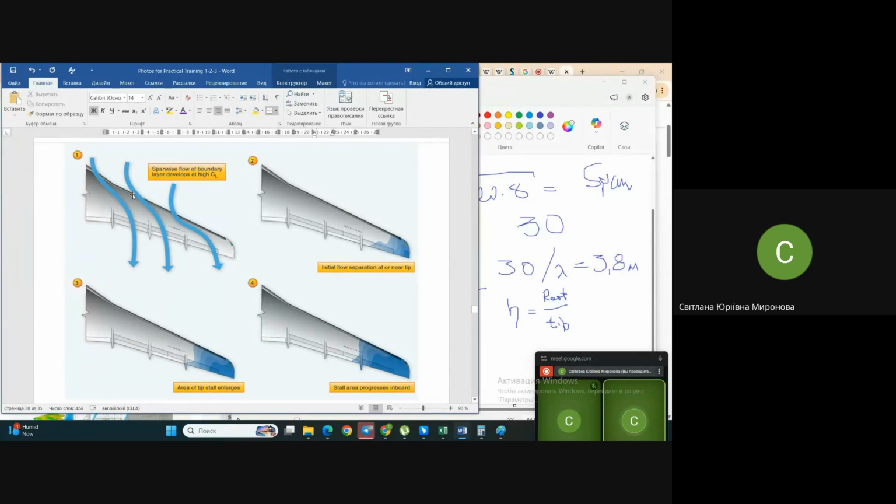What this picture shows you is how it appears and progresses in the swept wing. In a swept wing, it usually starts closer to the tips, due to the shape of the wing, due to the specifics of its downwashing. Is that better or worse?